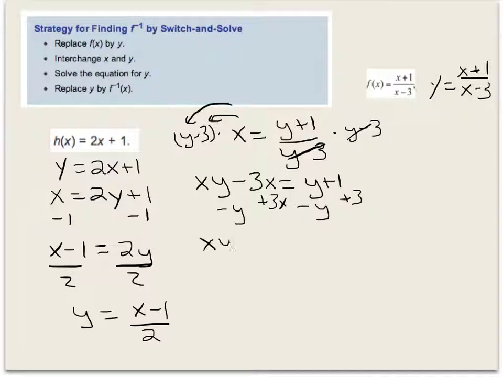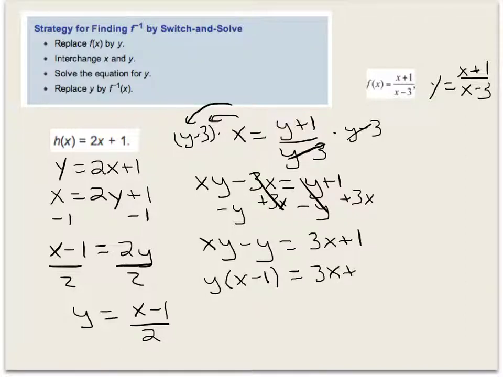So now I have xy minus y, and then I have 3x plus 1. Notice we have a common factor here, so I can factor out a y, and I get y times x minus 1 equals 3x plus 1.